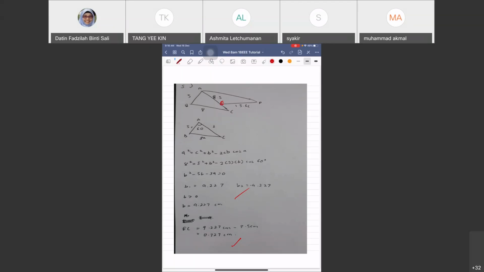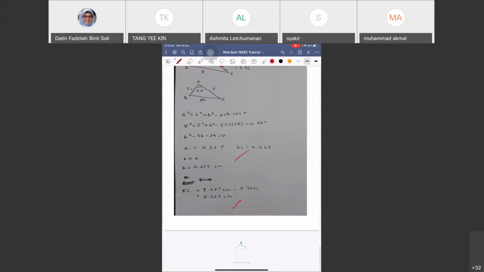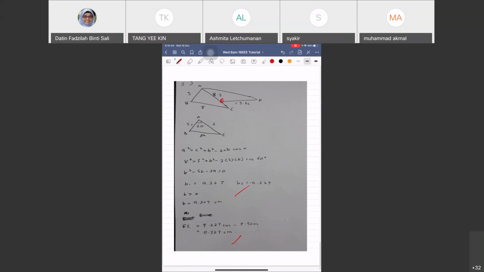Does anybody have a question for question 5? And then there's one more part to the question: the length of EC, and then angle AED if the area of triangle AED is 54 centimeter squared. Do you have another answer?